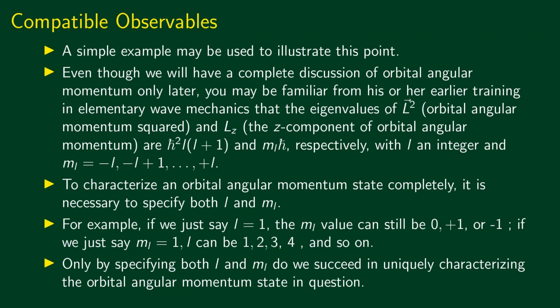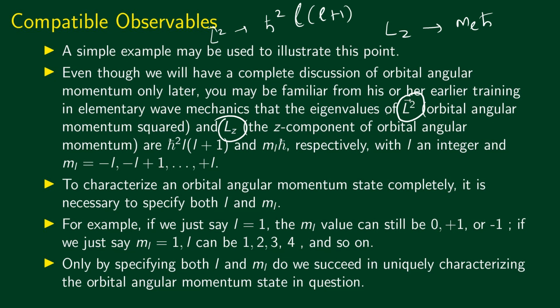You might have talked about the eigenvalues of operators L square and Lz. L square is the orbital angular momentum squared, and Lz is the z component of orbital angular momentum. The eigenvalues of L square are given by h bar square L into L plus 1, where L is an integer, and the eigenvalues of Lz are given by m_L h bar.